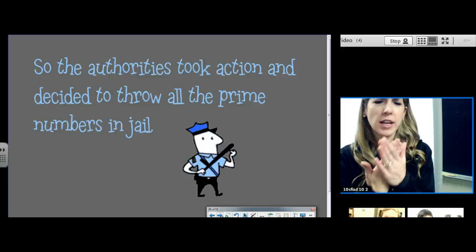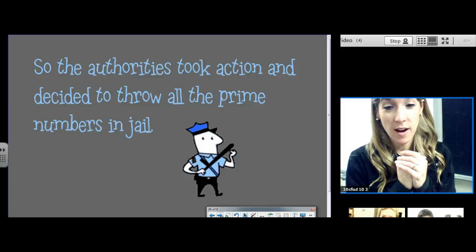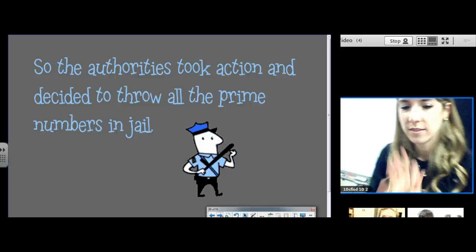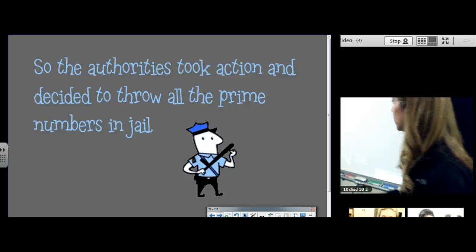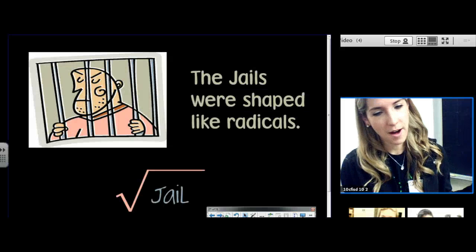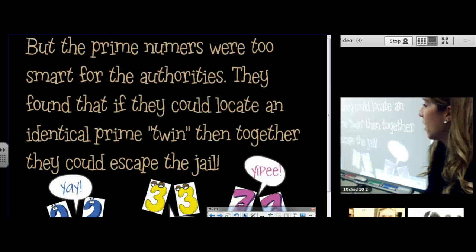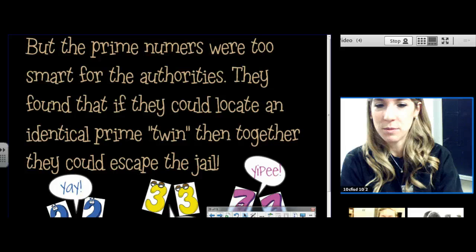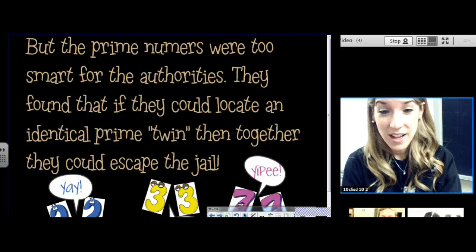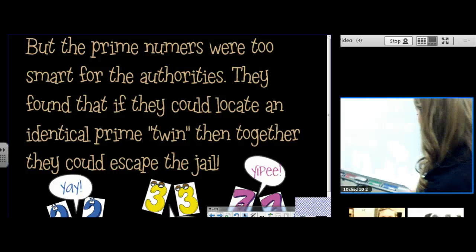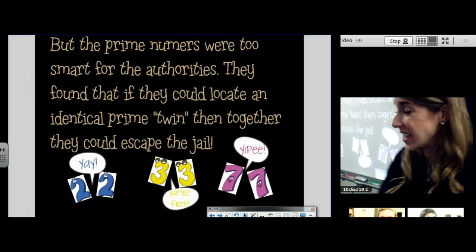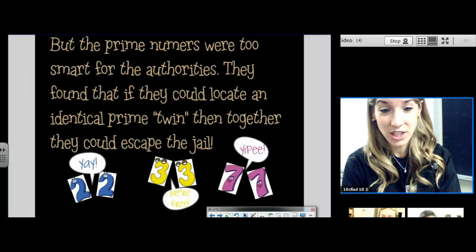So the authorities took action and decided to throw all the prime numbers in jail. The jails were shaped like radicals. But the prime numbers were too smart for the authorities. They found that if they could locate an identical prime twin, then together they could escape the jail.